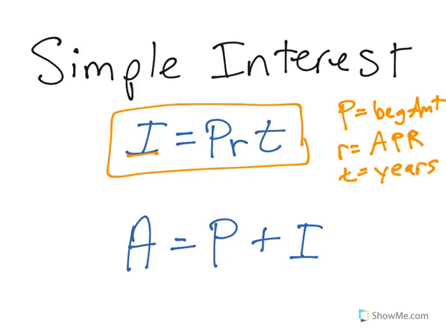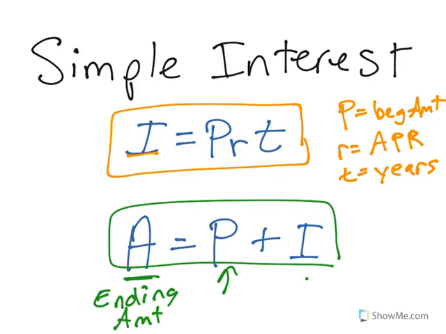So if we take the principal times the rate times the time, we will find the interest. Then, if you want to find the ending amount, so this is how much we have after a certain number of years, we take the beginning principal and add the interest that we just found. Okay? Makes sense. Okay, so those are the two formulas you would need for simple interest.